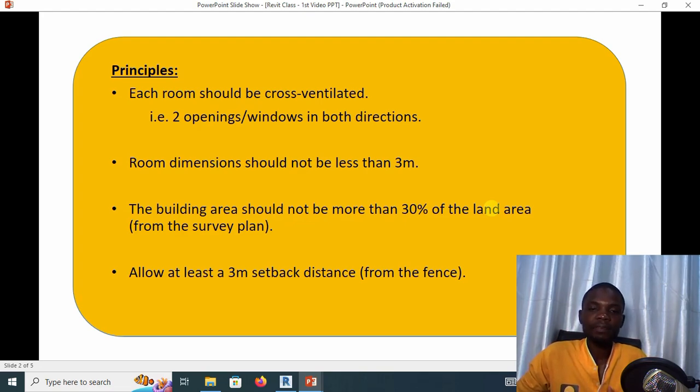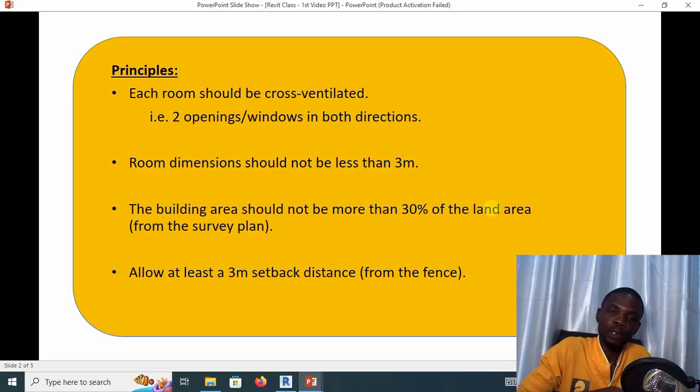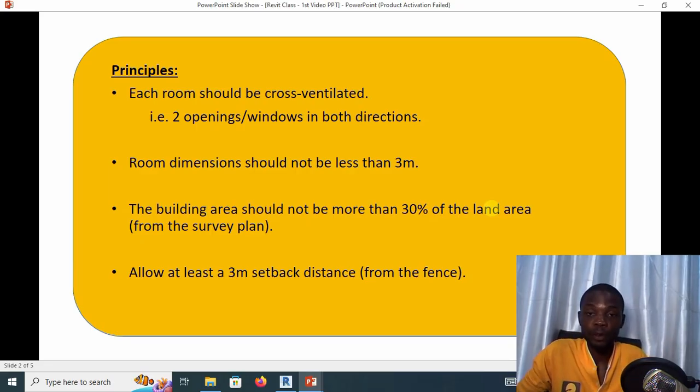Now, if on the boundary of the land there's going to be a road, right? Take for example, you have a road passing through the front of your land. Then the distance between your building and the road should be at least 6 meters, right?